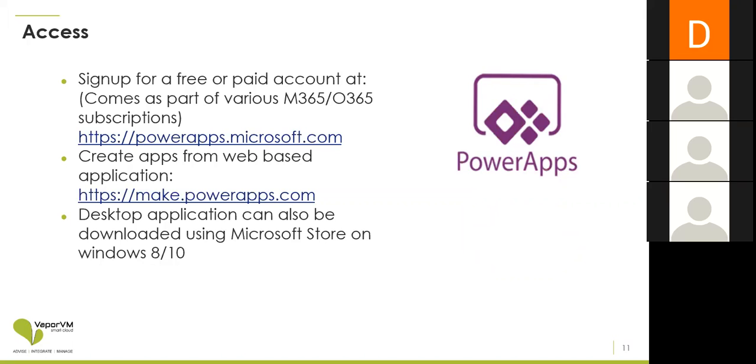After registration of an account with Microsoft, we can create apps using the URL make.powerapps.com. So basically, when we go on this URL, we will get the web app of Power Apps using which we can create the Power Apps for our organization. Desktop version of Power Apps can be downloaded on Windows 8 and 10 from Microsoft Store.